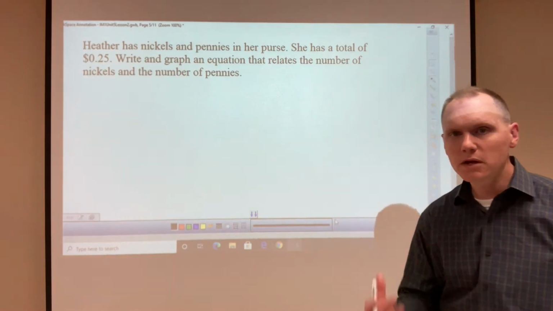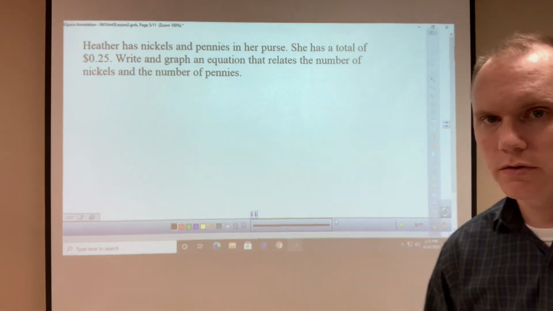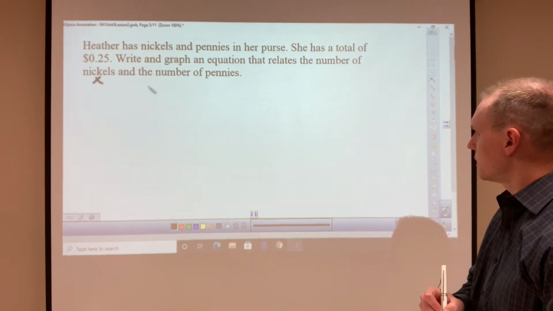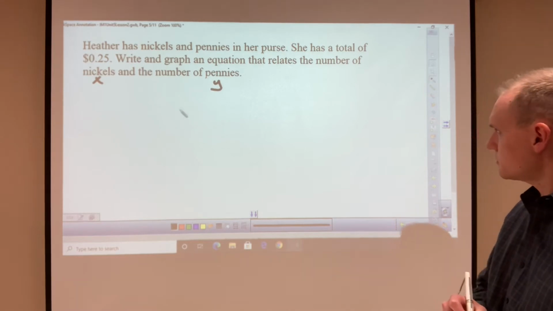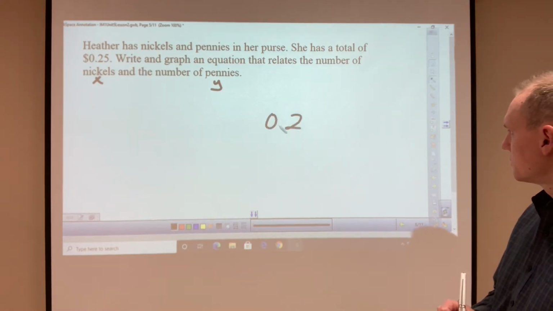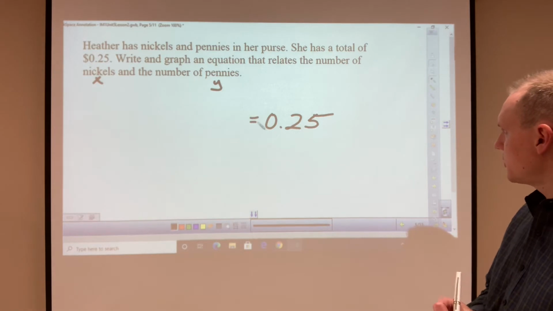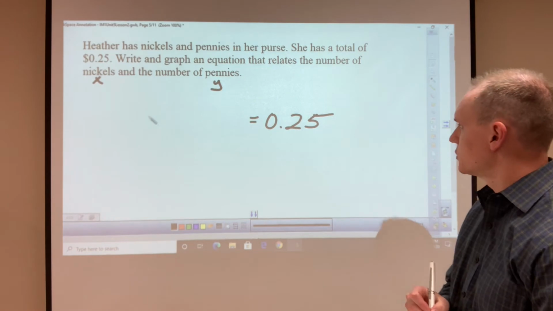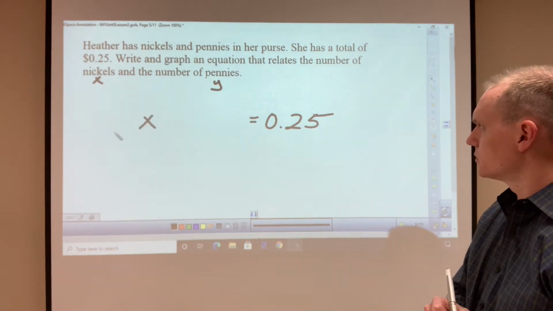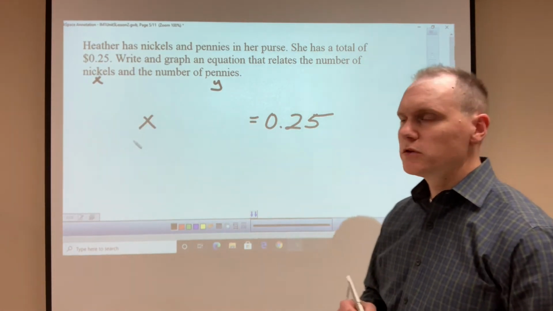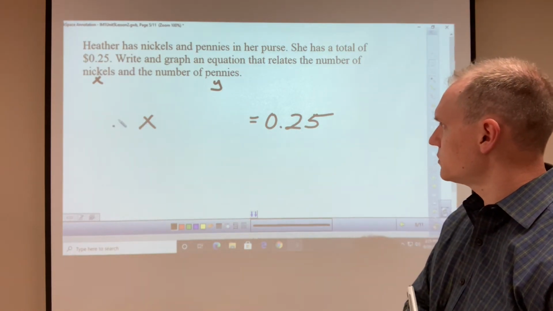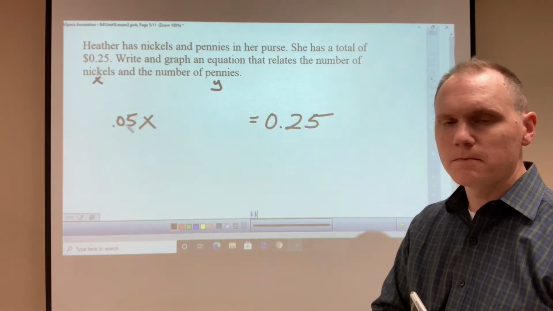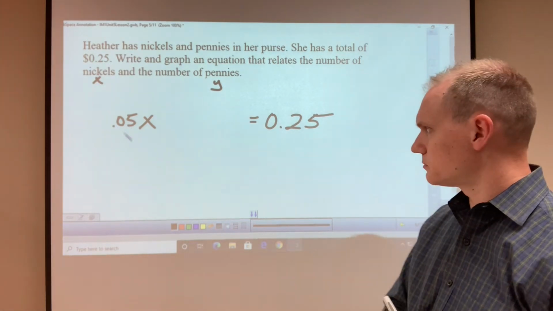So now we don't know how many coins, but we know how much they're worth. So we're going to look at the same thing here. X is the number of nickels, and Y is the number of pennies. So we have 25 cents, and that should be equal to the total value of our nickels plus the total value of our pennies. Each nickel is worth 5 cents, so we multiply the number of nickels times 0.05, because it's 5/100ths of a dollar.